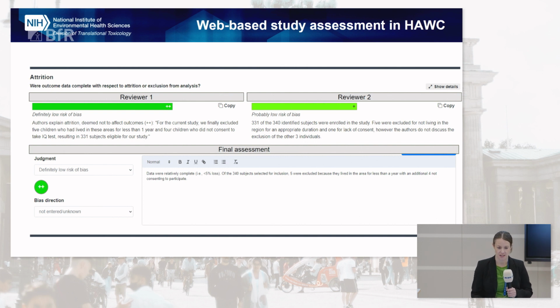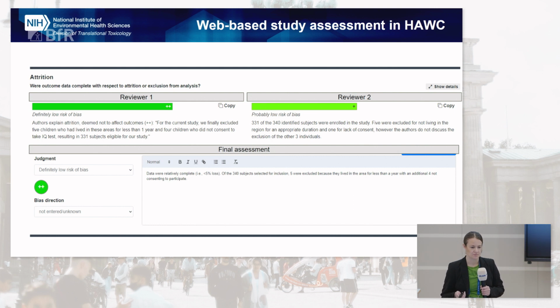The second reviewer gave a probably low risk of bias with their rationale. It's then the job of the 2 reviewers, the study team, to discuss which is the more correct answer. And that process is also very important and critical to our risk of bias assessment.